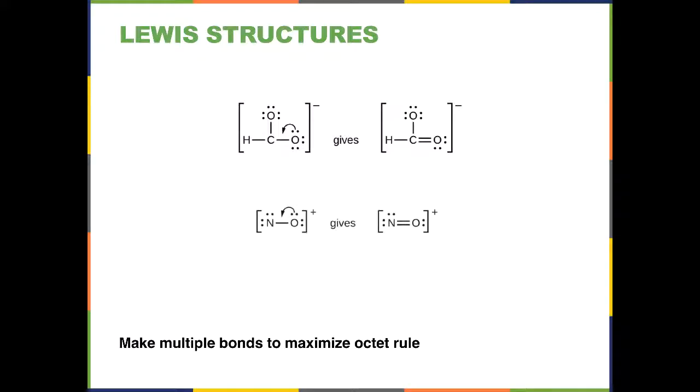Similarly, neither of these were fulfilled originally, but if we take a pair from either one, you can take the pair from either one. If you take a pair and put it in the middle, you see that it fulfills. Well, actually it doesn't yet, because the nitrogen is fulfilled, but the oxygen is not.